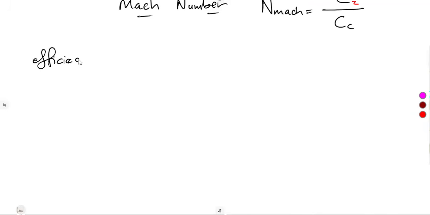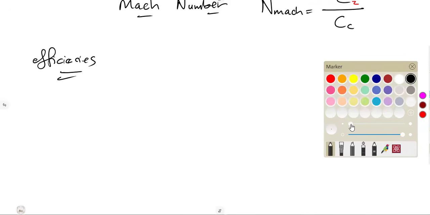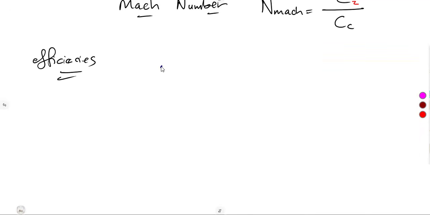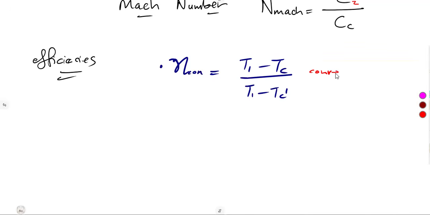So efficiencies, we're almost done. Even my board is dragging right now. Let me finish. Number 1, we're going to consider the converging efficiency. We said T1 minus TC over T1 minus TC bar. So that's the converging efficiency.